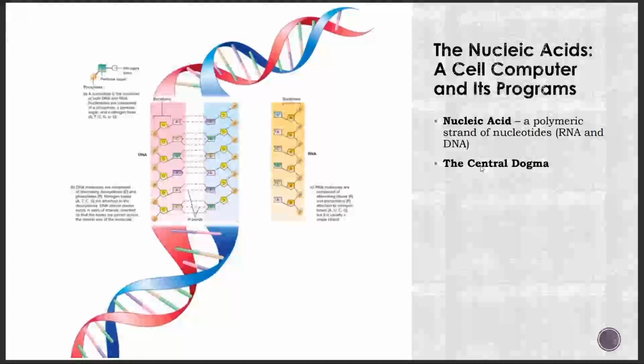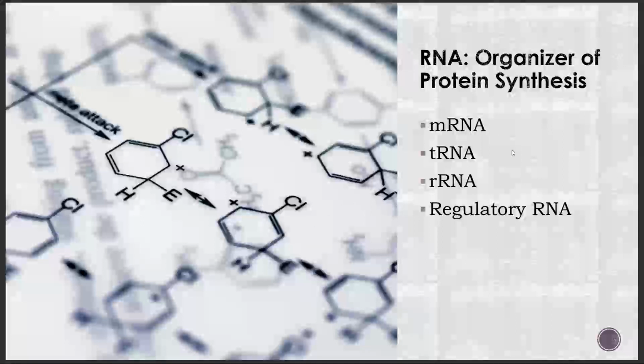It can get opened up and we can make RNA copies that we can share throughout the cell. So we'll make single-stranded RNA from our double-stranded DNA. And then this RNA can be used as a plan to make the proper proteins. So we're going from DNA to RNA to protein.